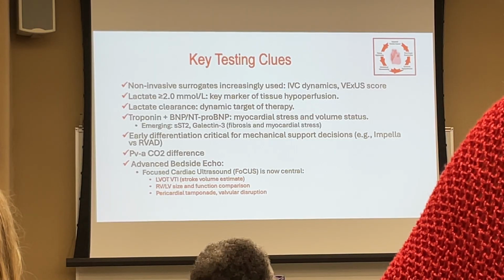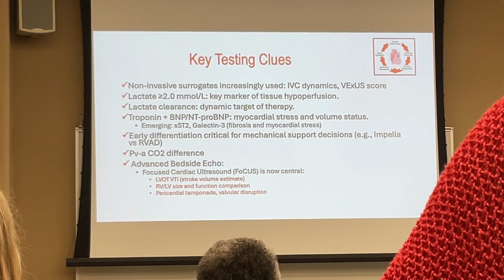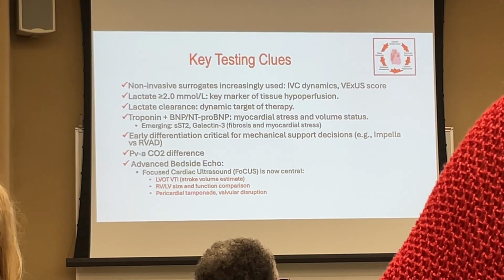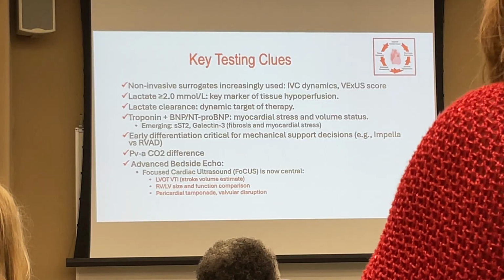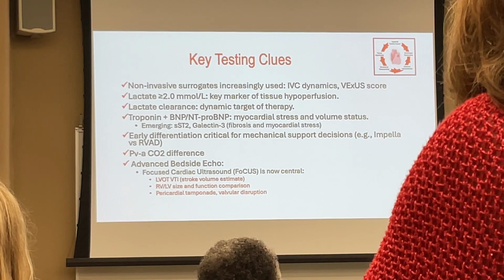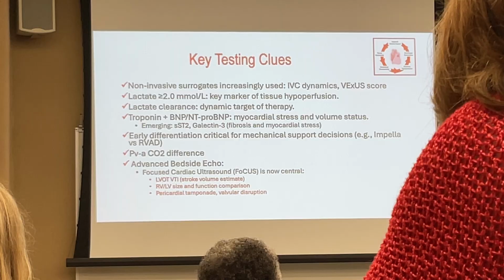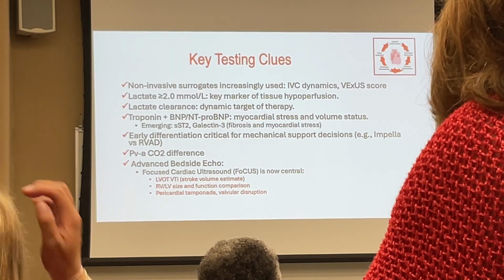So that says to me, first of all, if you've got an elevated lactate, I have to give a second one. I'm treating you. You've got an elevated lactate, I'm giving you volume, I'm giving you vasopressor, maybe I'm giving you inotrope. That next lactate should be either stable or going down. If that next lactate is going up, the therapy I'm applying to the patient isn't working.